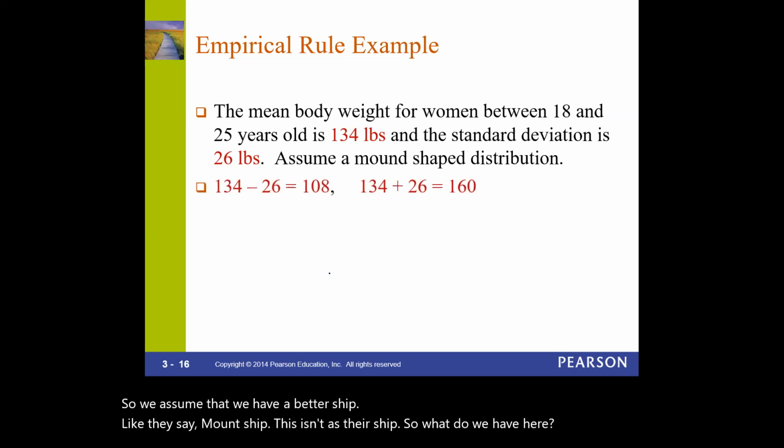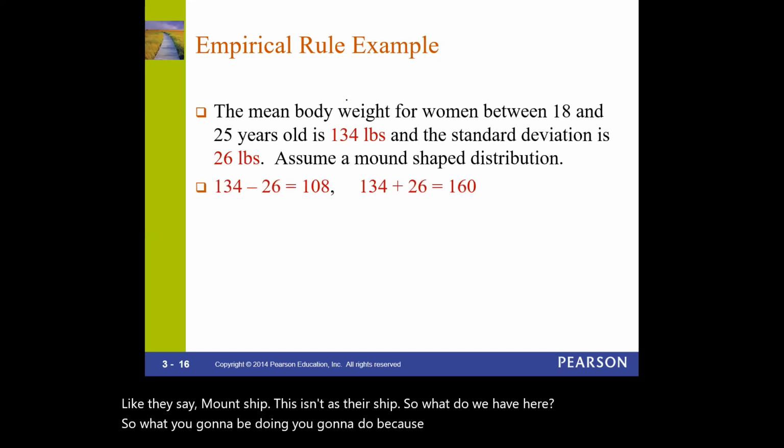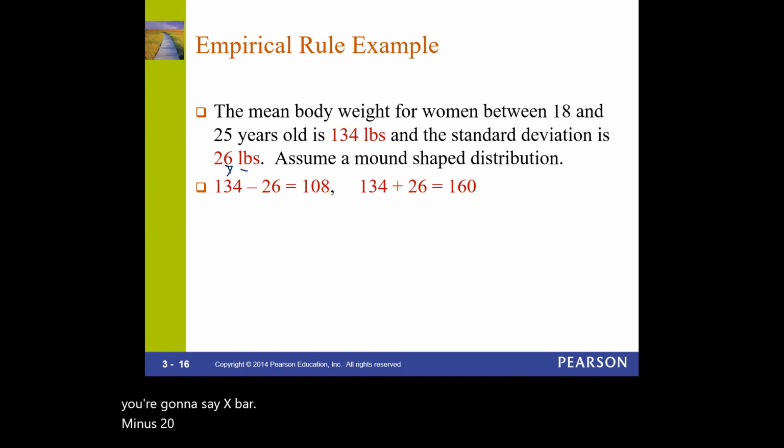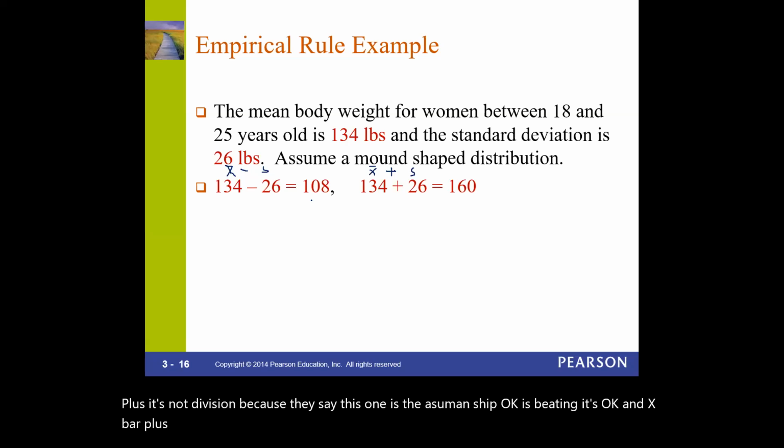Because the standard deviation is 26, you're going to say X bar minus the standard deviation, and X bar plus the standard deviation, because they say this is a mound shape. One gives you 108, the other one gives you 160.